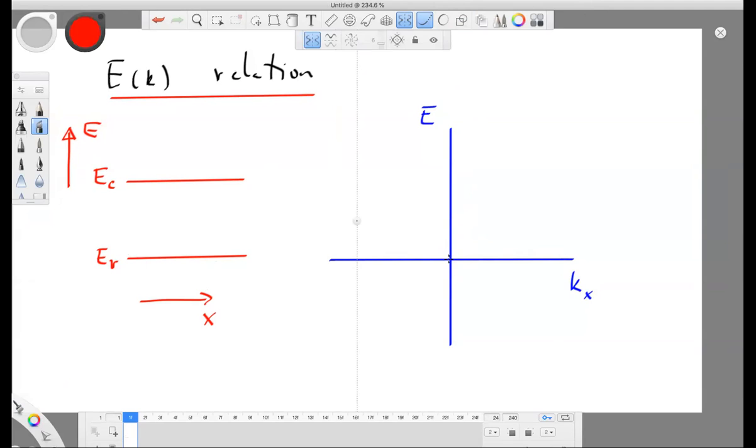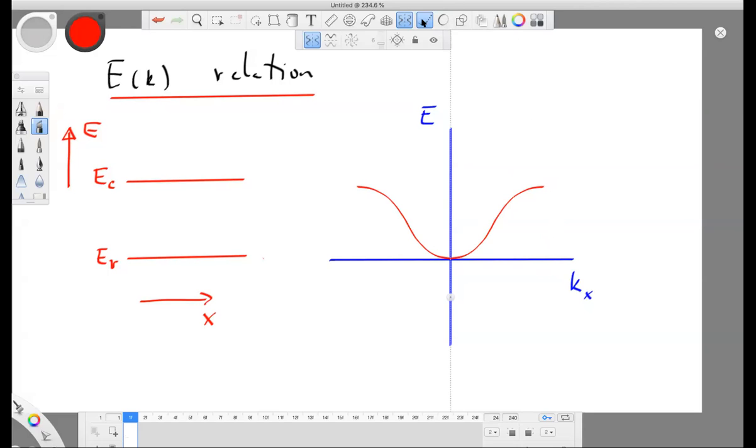Remember that we always start with a quadratic. So we have this quadratic dependence here, and then we did dispersion, something like this.